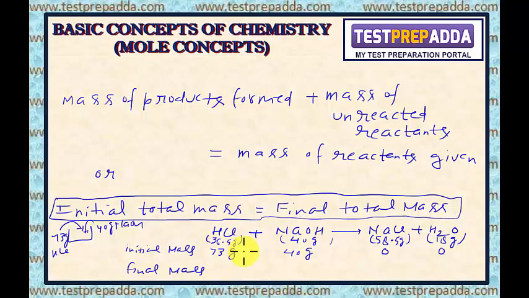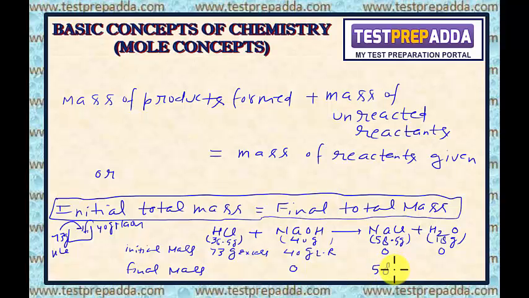That is why we say this is given in excess. So NaOH is the limiting, and we had discussed in that session that the final amount of limiting reagent is always 0, and the limiting reagent decides the amounts of all other components. So we will compare NaOH with others. 40 gram gives 58.5 and given also 40 gram.